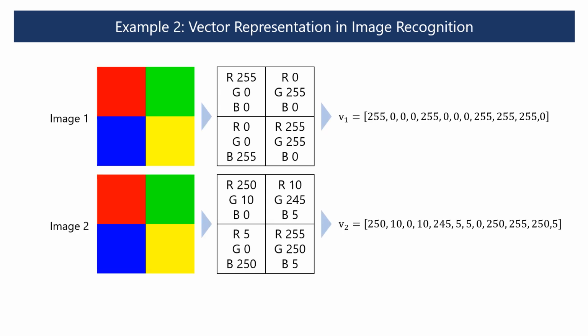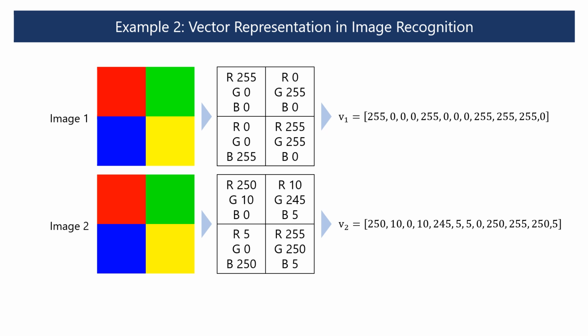As another example, let me show you a case of color image. Imagine you have two small color images, each represented as a 2 by 2 pixel grid. As to color image, each color pixel is represented as a vector in 3D space: red, green, and blue values.